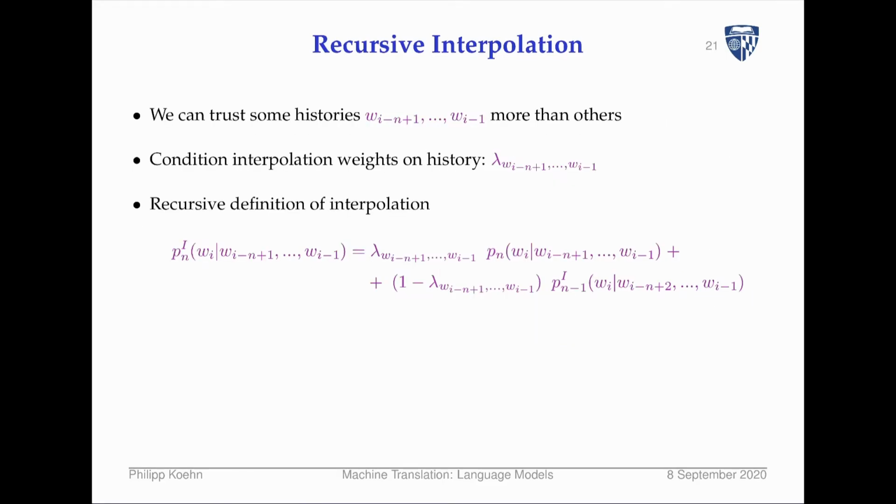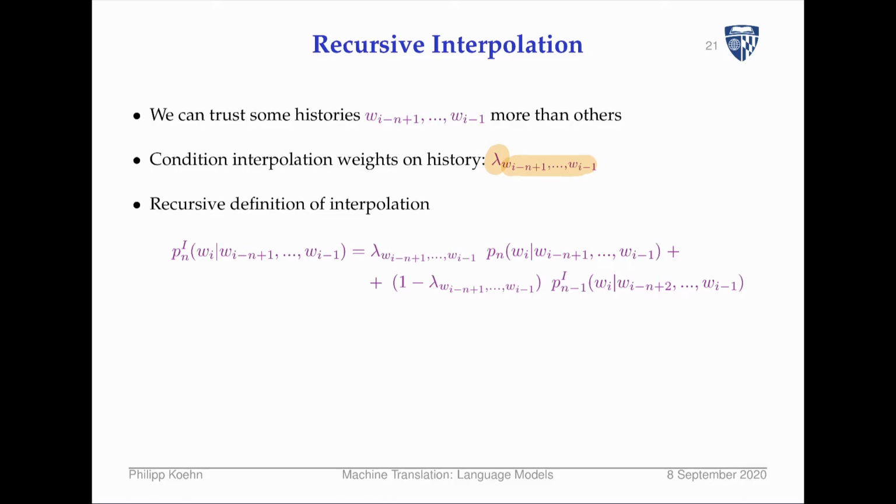A slightly different way to do this, which leads into the way we're going to do things in the future, is to define this as a recursive process. And we're going to be a bit more sophisticated about it by also estimating these lambdas, where previously we just had a flat lambda value for the unigram, bigram, trigram. We're going to take some statistics over the sequence that we're backing off from into account.